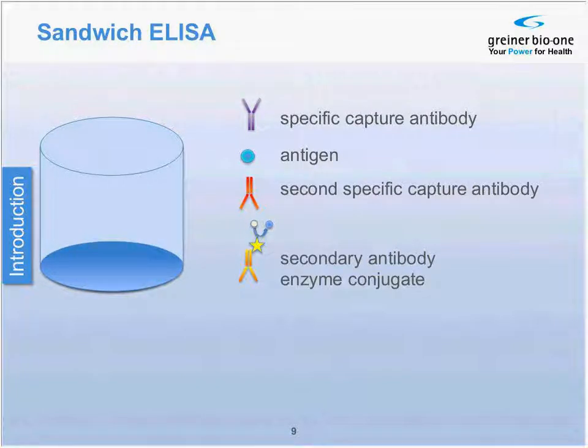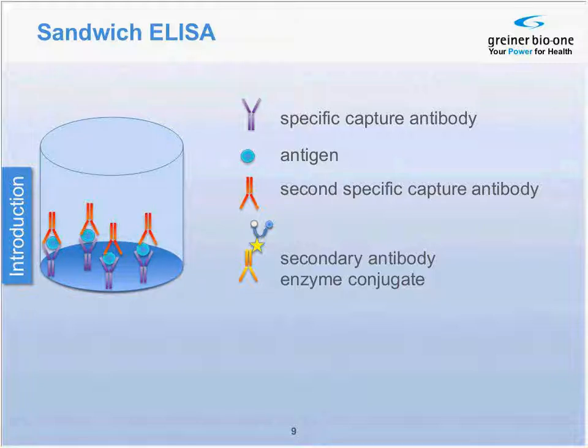A common ELISA format where the aim of an assay is to detect an analyte is the so-called sandwich ELISA. In a sandwich ELISA, a specific capture antibody is immobilized on the microplate surface. In a second step, the antigen contained in the sample binds selectively to the capture antibody.